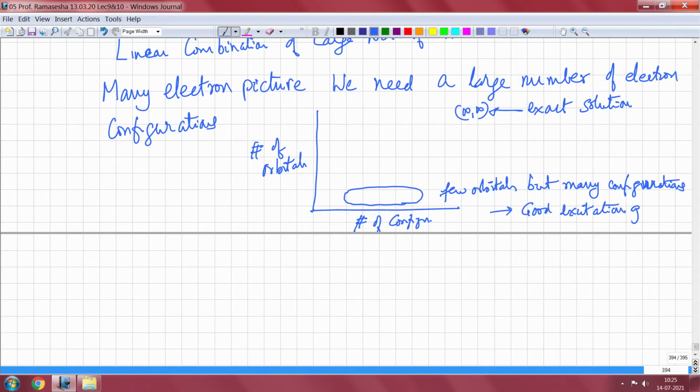You are not so much interested in just the ground state, because most of the times in physics you work with model Hamiltonians, and when you are working with model Hamiltonians, the energy of the ground state is shifted by an arbitrary amount, and so what you are really interested in is the gaps between different excitation states. For that you will get more accurate gaps the more configurations you take.